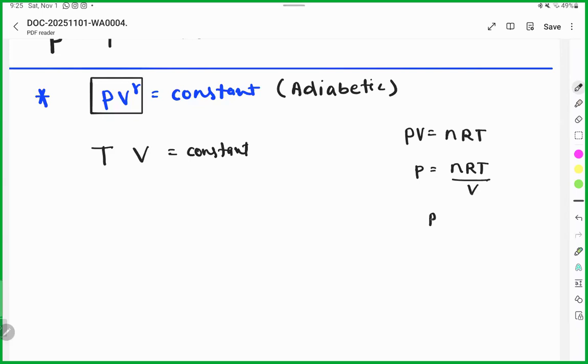So you can say P directly proportional to T and inversely proportional to V. So instead of P, you can write T by V, and it was already there. So you can imagine TV^(gamma minus 1) because here it is 1, above it is gamma, gamma minus 1.